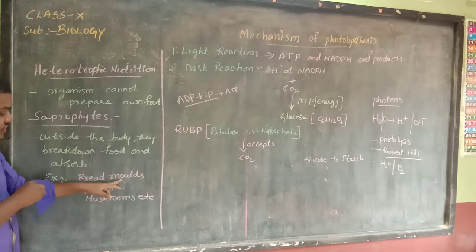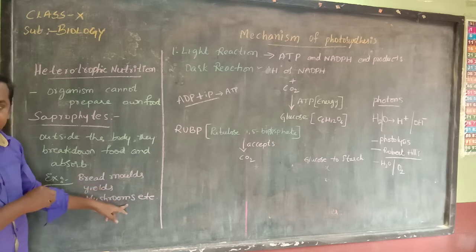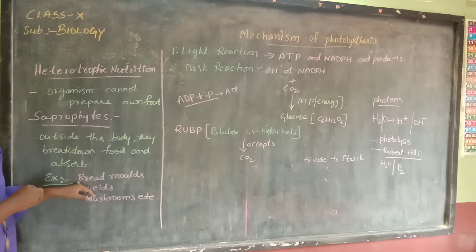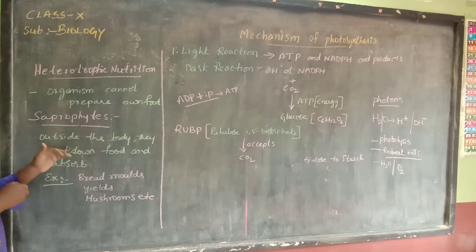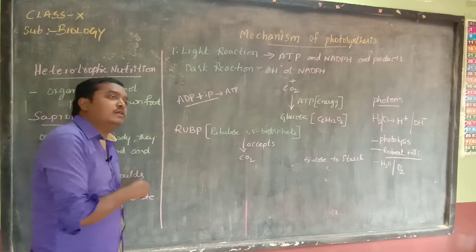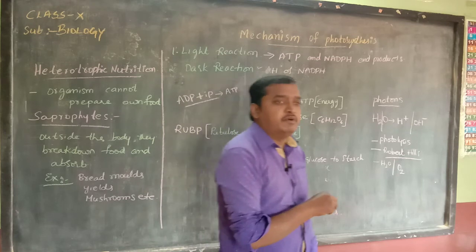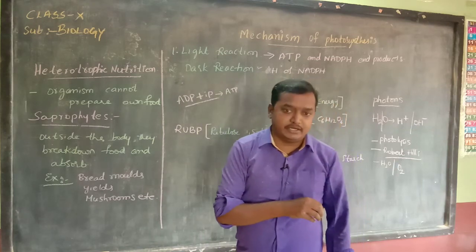Examples: bread molds, yeast, mushrooms. Examples are a very important 2 marks question, and diagrams are important. Very, very important: what are saprophytes? Saprophytes are the organisms which break down the food materials outside the body, then absorb it.